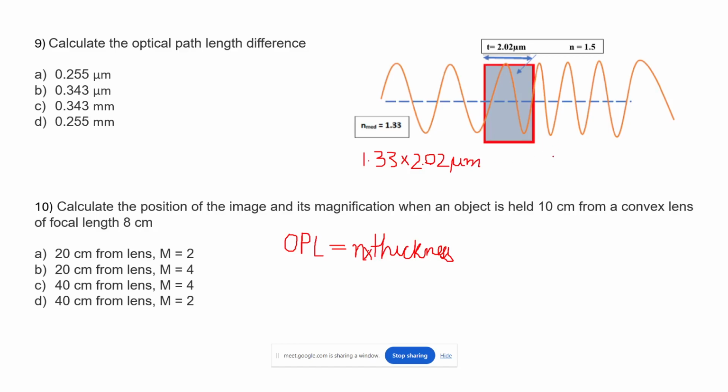And for this one, the optical path length will be 1.5 into 2.02 micrometer.